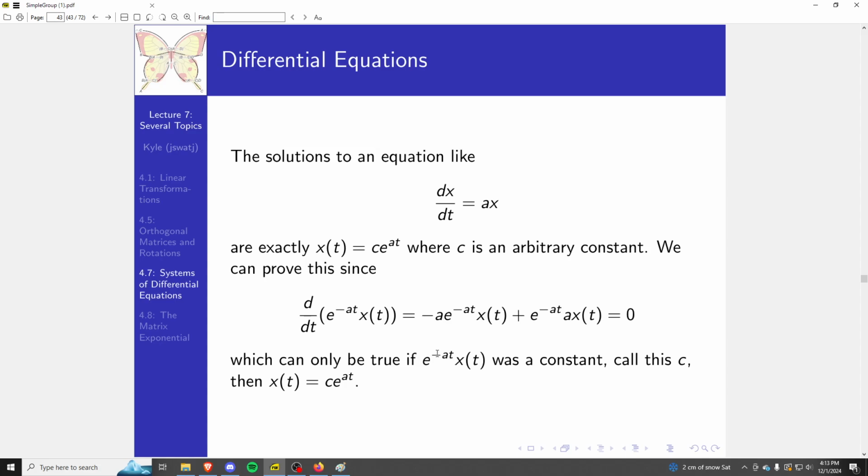And so if it is some constant, then we can multiply it by e to the negative at. And so that's how we get exactly this function. So they didn't differentiate the function itself. They moved one term over, which is this term right here, and then differentiated it and showed that it was 0.